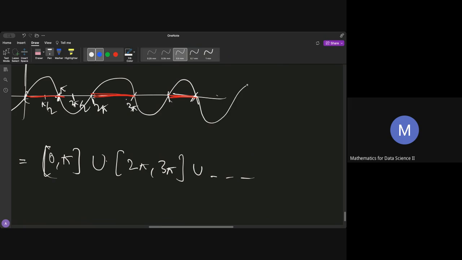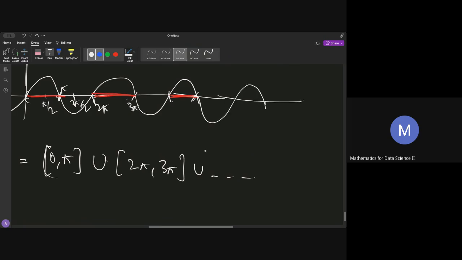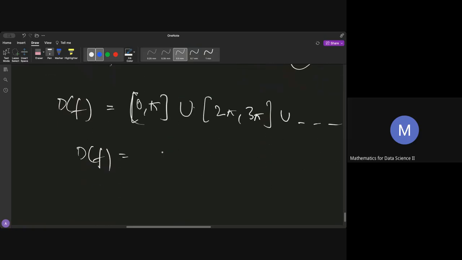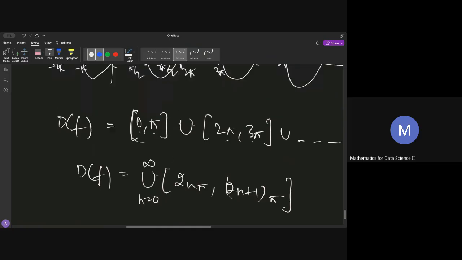It's not stopping anywhere, right? So that means you should define the domain of f, for only the positive part, as the union of intervals from 2n pi to (2n+1) pi, that is, even multiple of pi to odd multiple of pi, with n varying from 0 to infinity. This is only for the positive part.